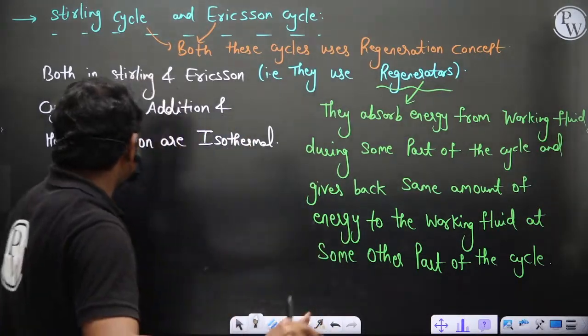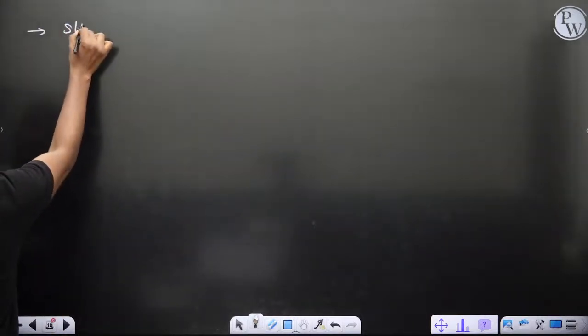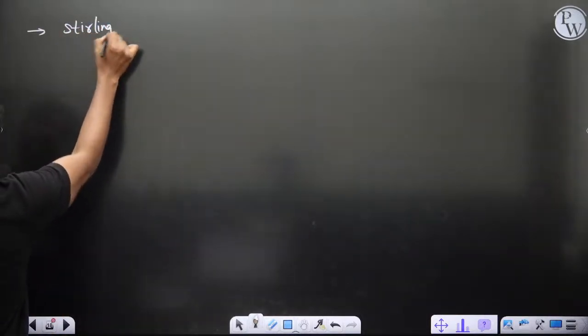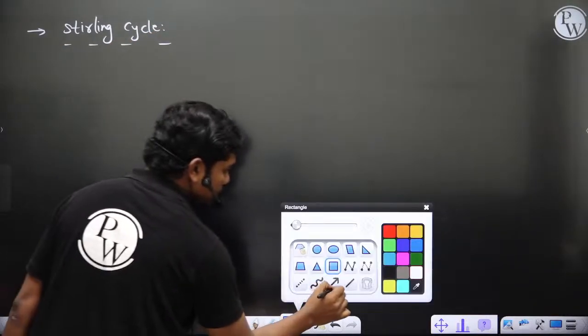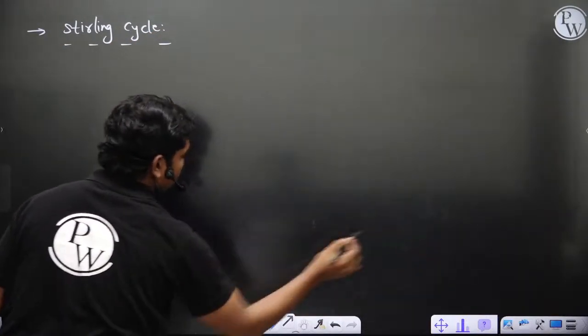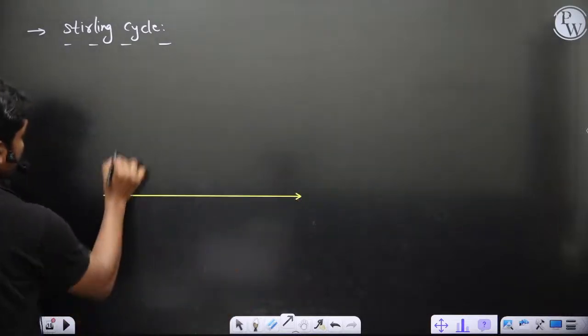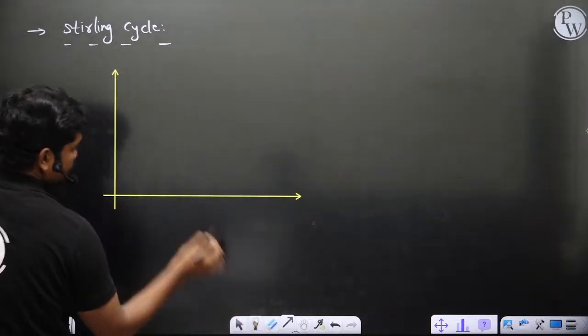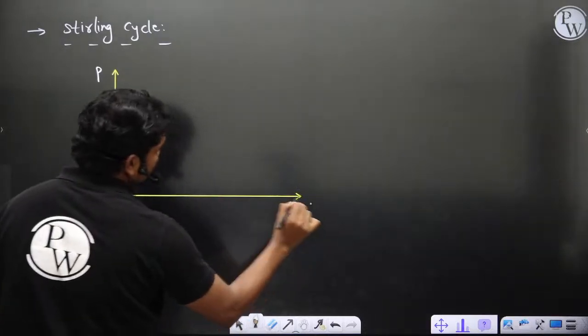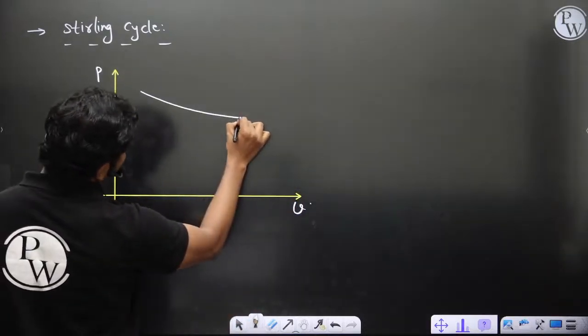Okay, so just see PV for the Stirling cycle. If you plot this PV diagram, P and V, clearly you have isothermal heat addition as I have told you.